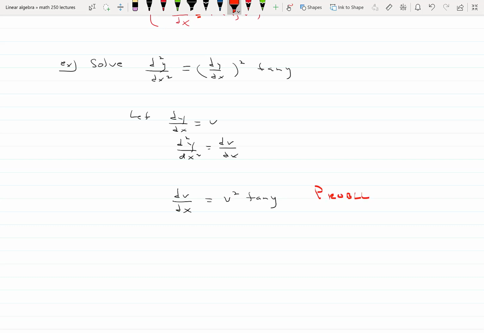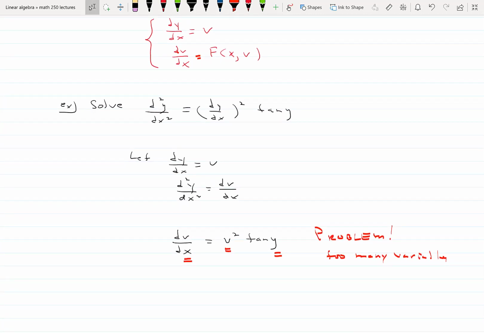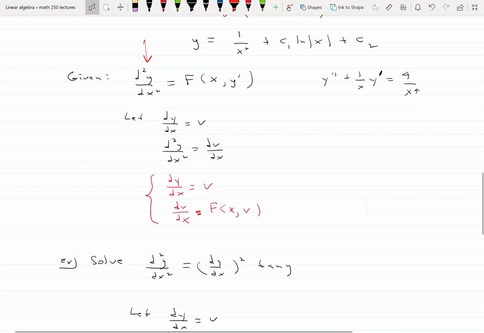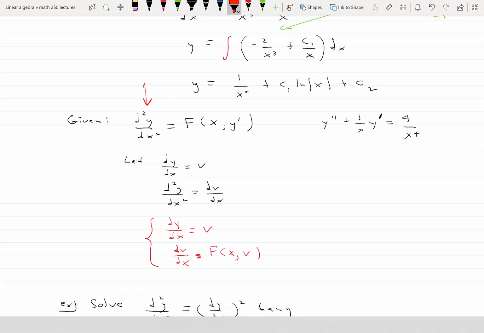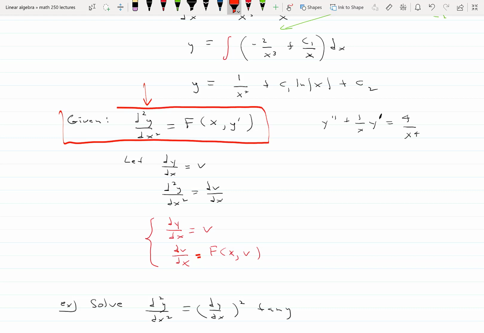The problem is we have too many variables. Well, then what went wrong? What went wrong is that our differential equation is not of the form d squared y over dx squared equals a function of x and y prime.